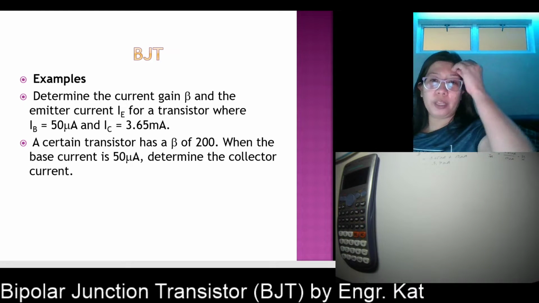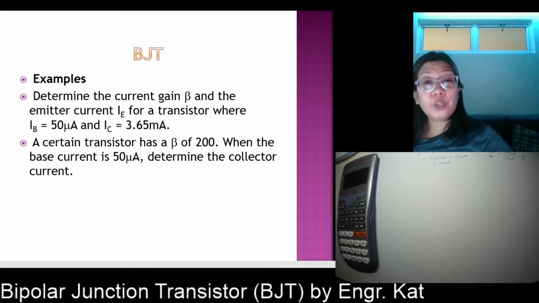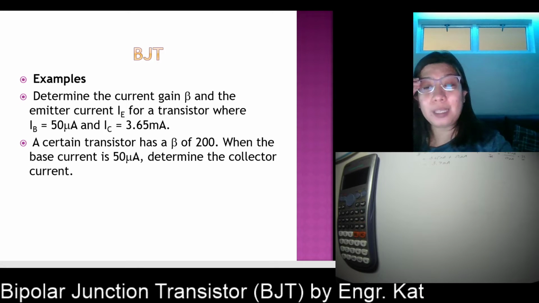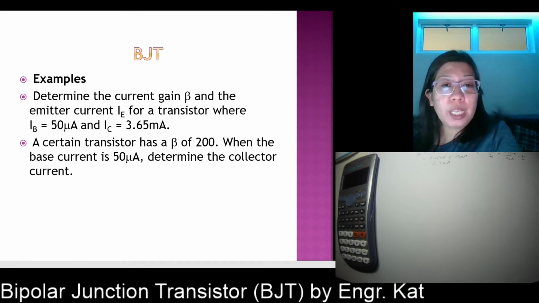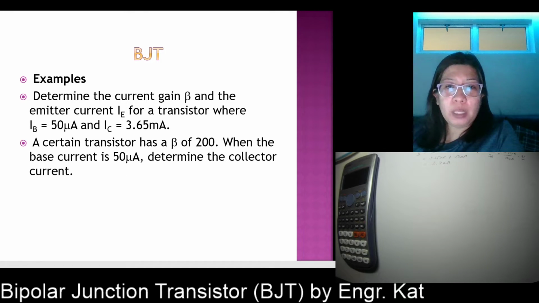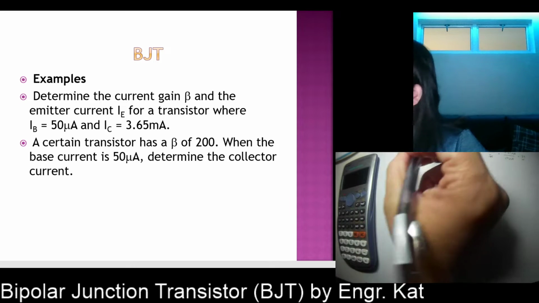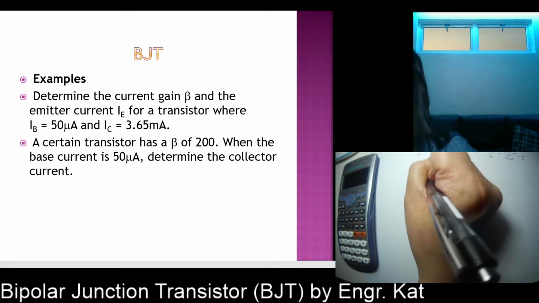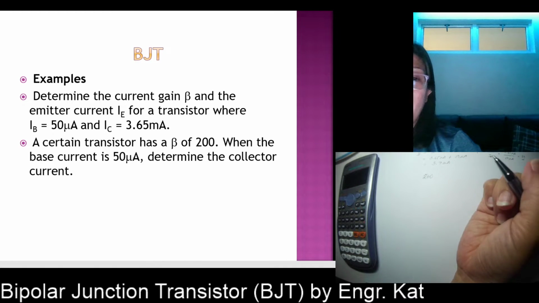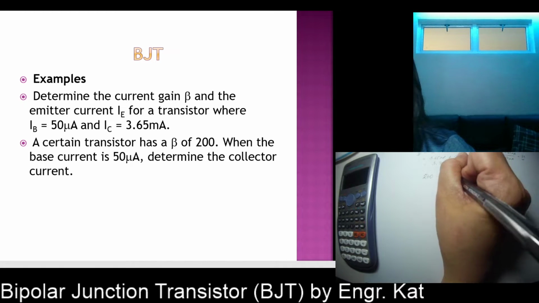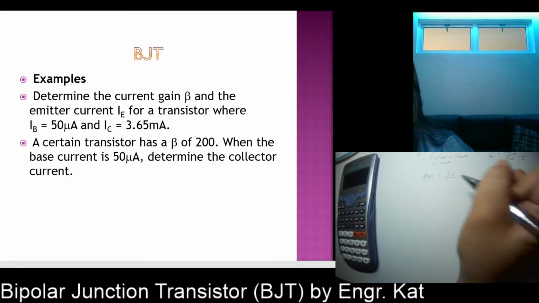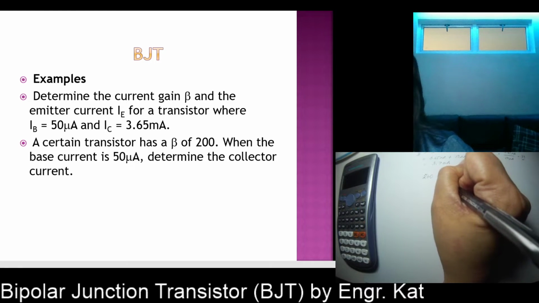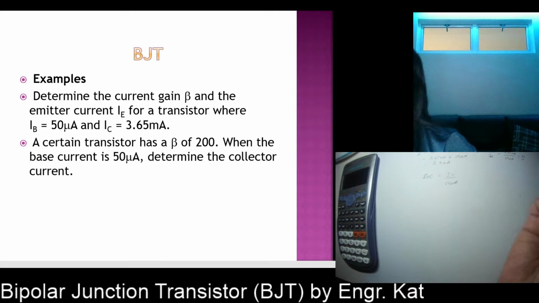Let's have another example here. A certain transistor has a beta of 200. So when the base current is 50 microamperes, we're going to determine the collector current. So in this case, we are given the beta. So beta is 200, which is equal to IC all over base current, which is 50 microamperes.